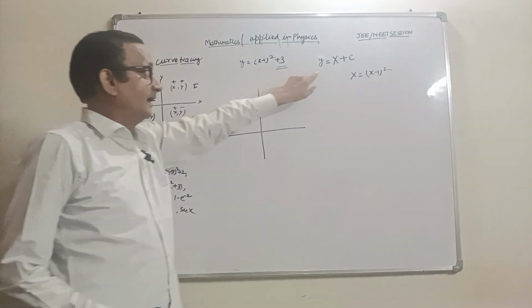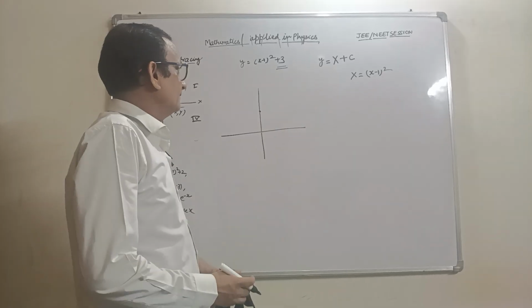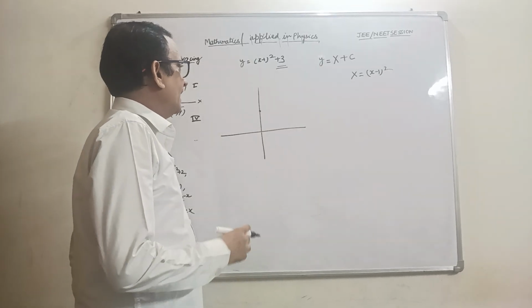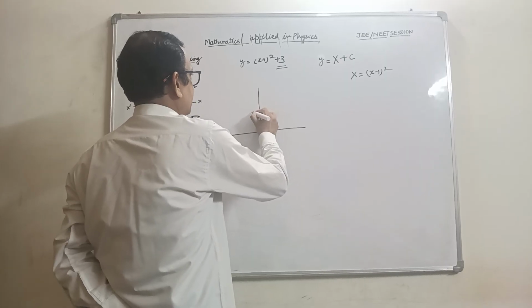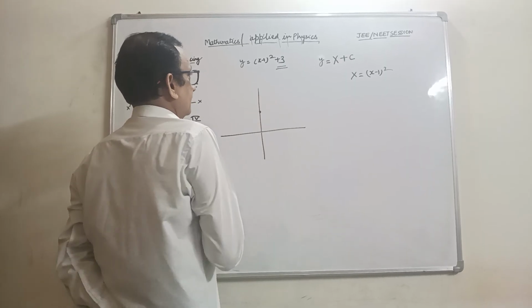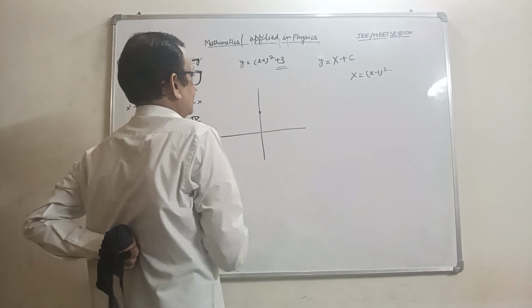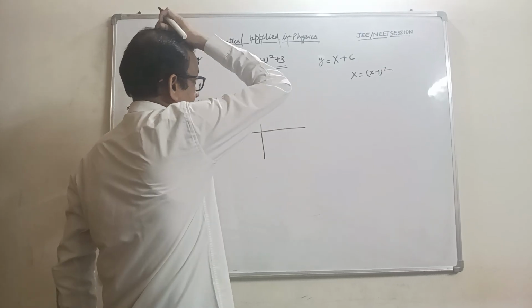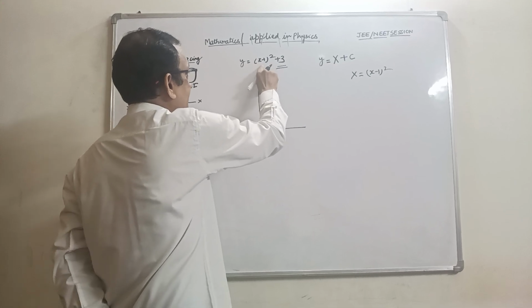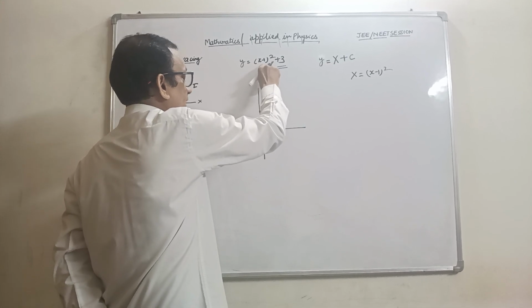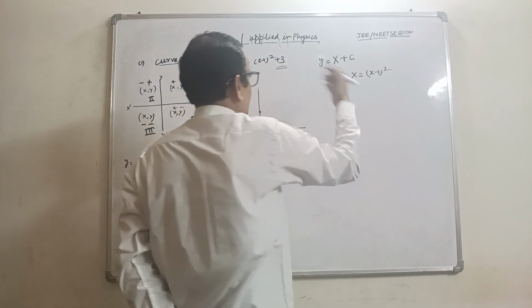So what is the procedure to draw this? y is equal to x plus c. So this point would be 3 for this, but here in the equation of the parabola, X is equal to x minus 1 whole square.